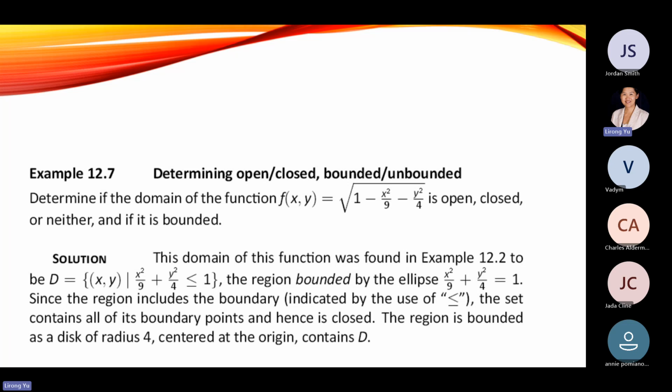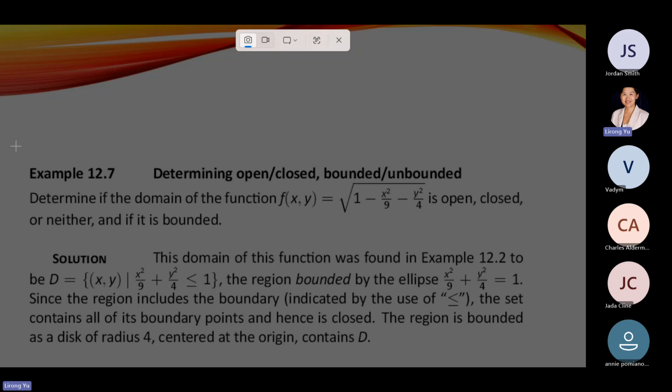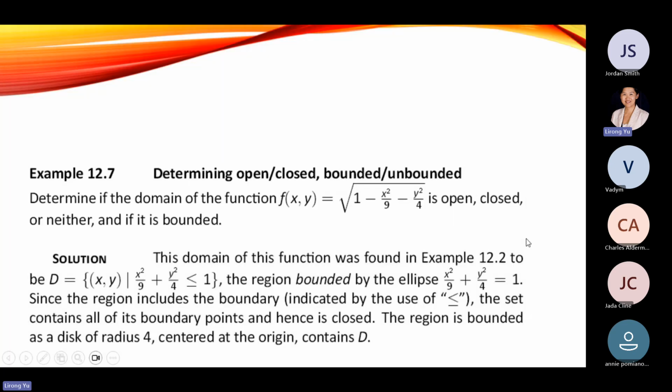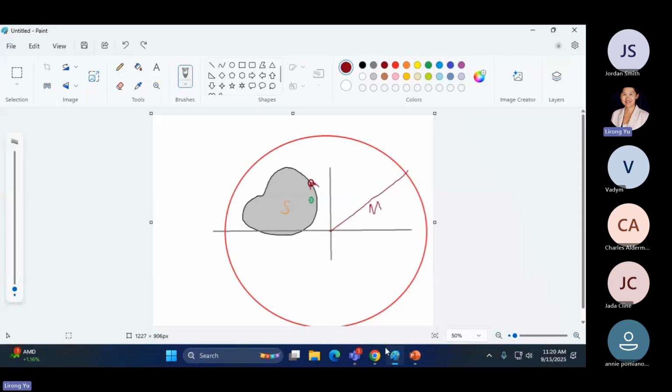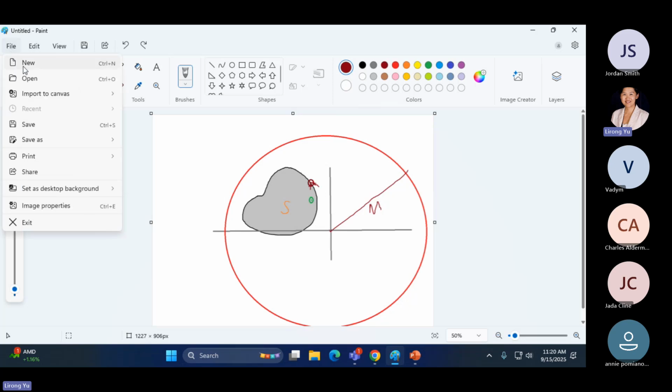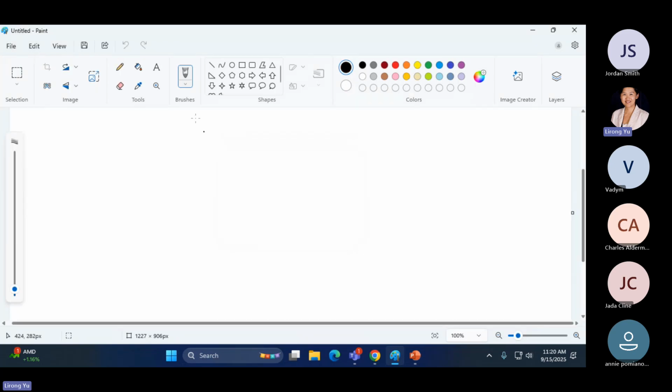So we have to make sure that under the root is a non-negative value. Let's determine the domain, then we'll talk about whether it's bounded or unbounded.